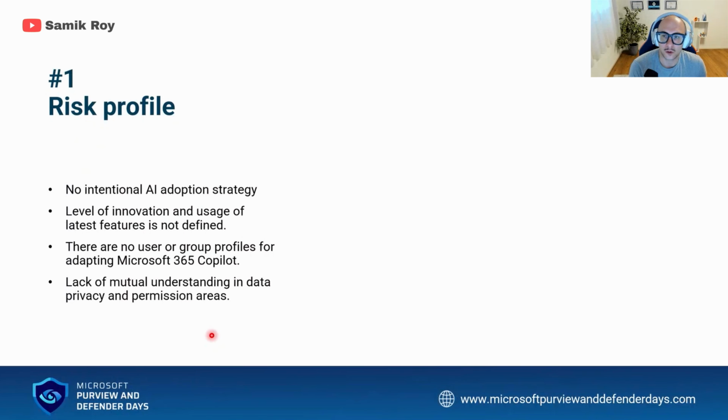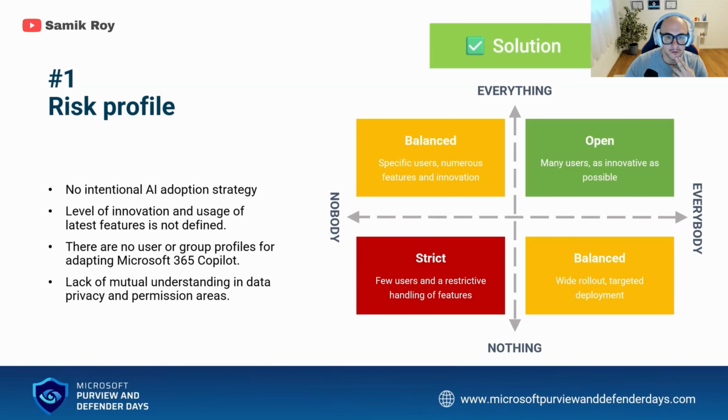And this is not only crucial for our own Microsoft 365 environment itself, but especially crucial when an AI is behind it and finds information that the user maybe doesn't know that he has access to. So here we have a lot more risk. And that's why what I do first with my customer is implement a risk profile.